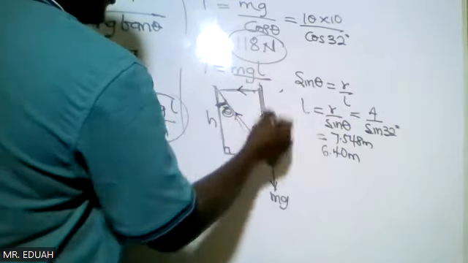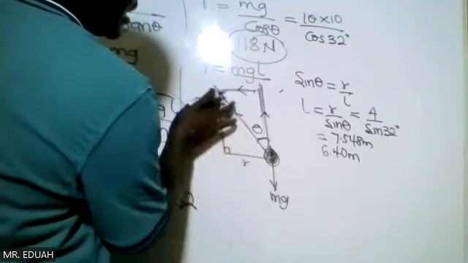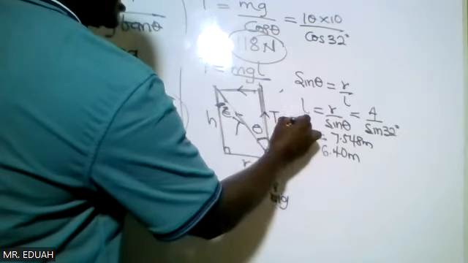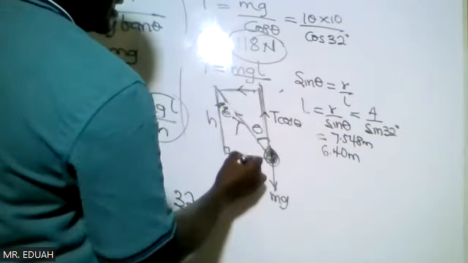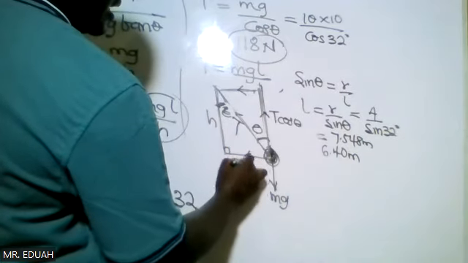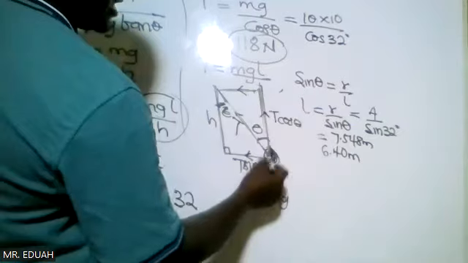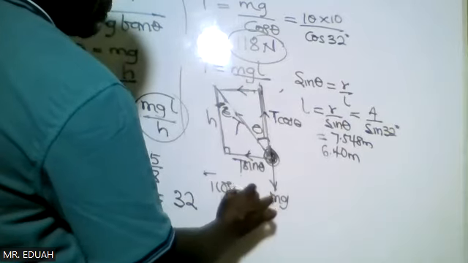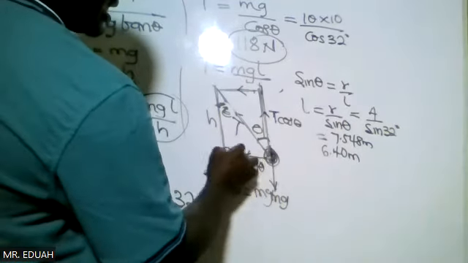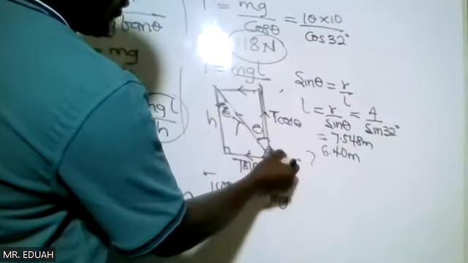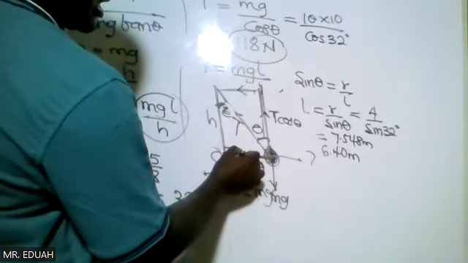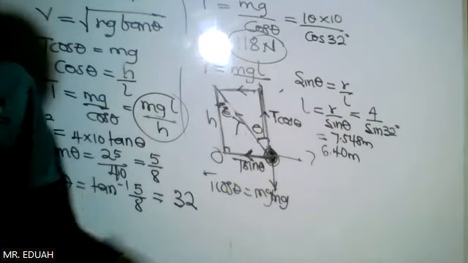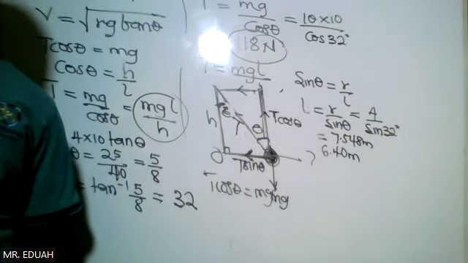So if you resolve this tension T at an angle theta, you have this to be T cos theta, and you have this as T sine theta. This component is balanced by the weight, so T cos theta is balanced by mg. And then T sine theta is unbalanced, but by virtue of its direction towards the center of the circle along the radius, we equated this to mv squared over r. This was the very foundation of what we were doing.